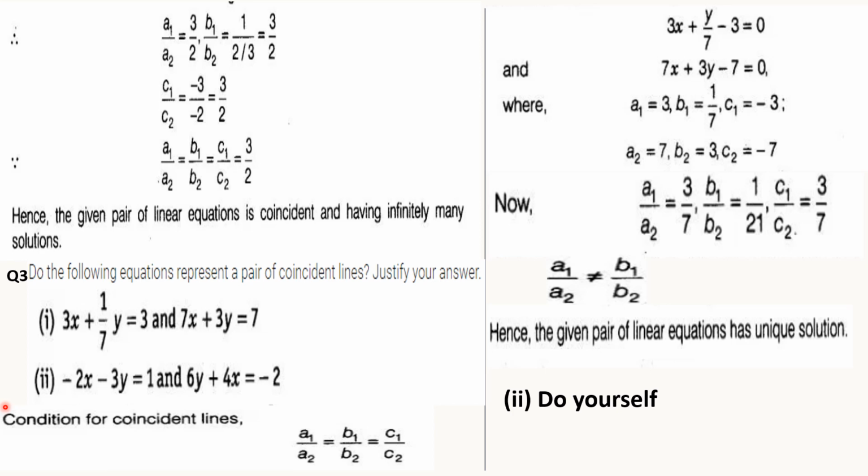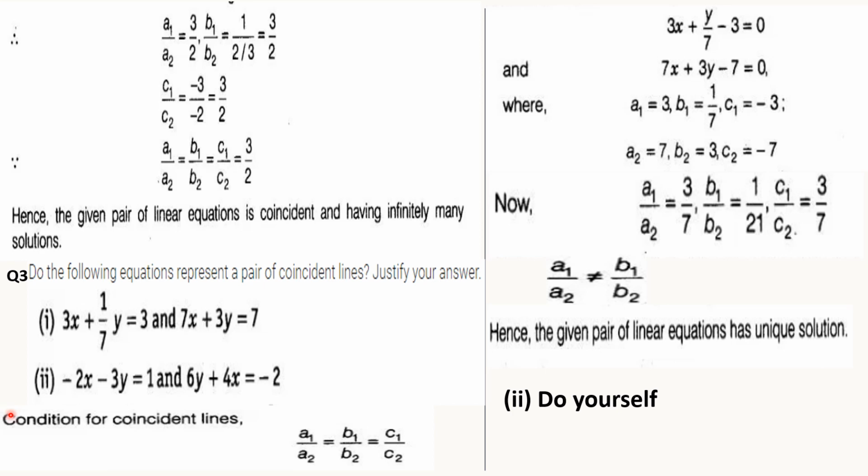When a pair of linear equations in two variables has infinitely many solutions, the lines are coincident. When it has a unique solution, the lines are intersecting, and when it has no solution, the lines are parallel.